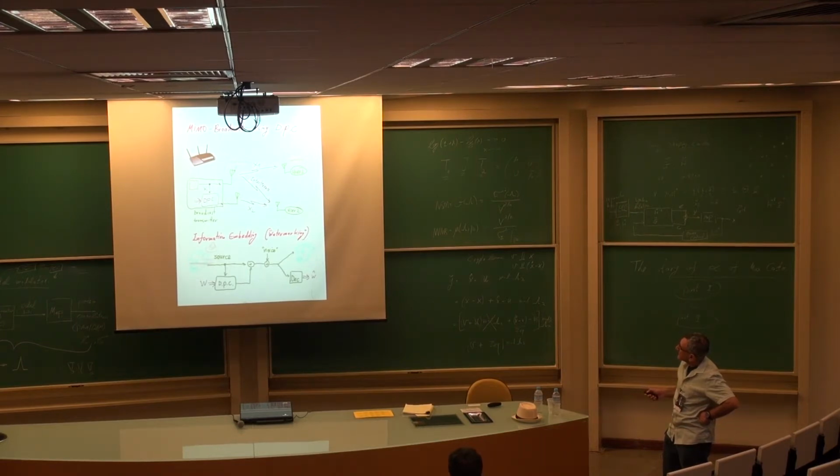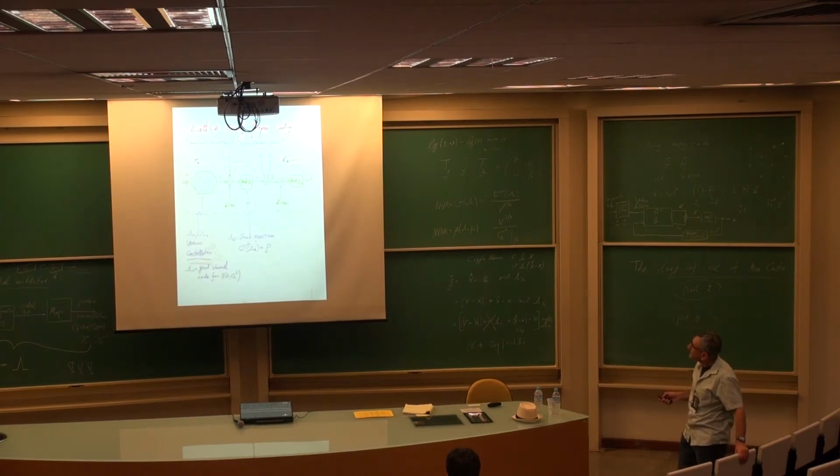I would like to send information to this user by this antenna, to this user by this antenna, but there is this interference signal. But the encoder knows what it transmits to this user, so it knows the amount of interference. So it can try to do dirty paper coding to eliminate the effect of this interference from this antenna. So this is why dirty paper coding is related to broadcast also.